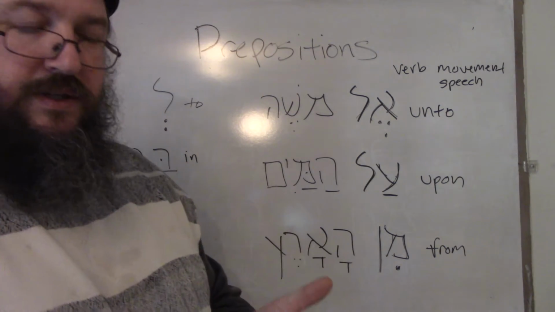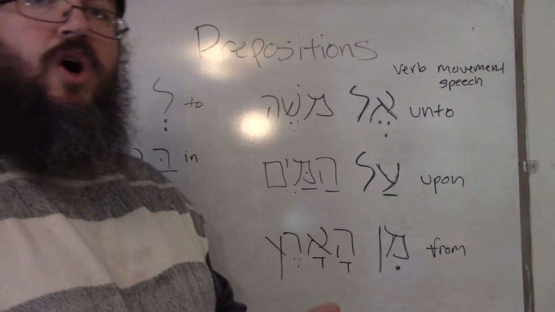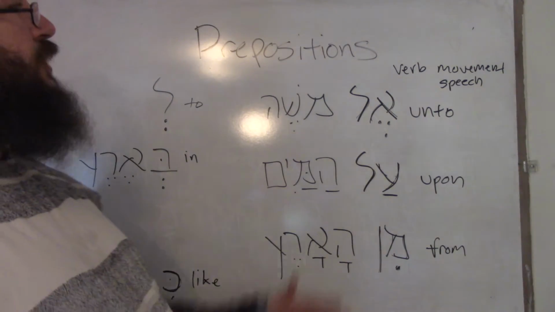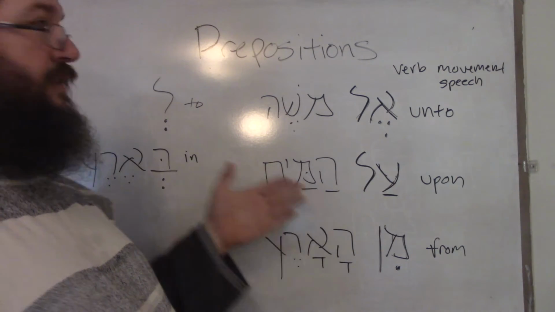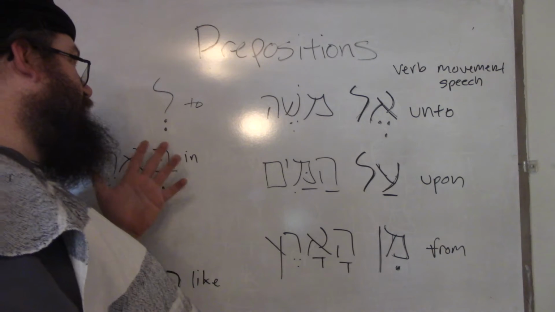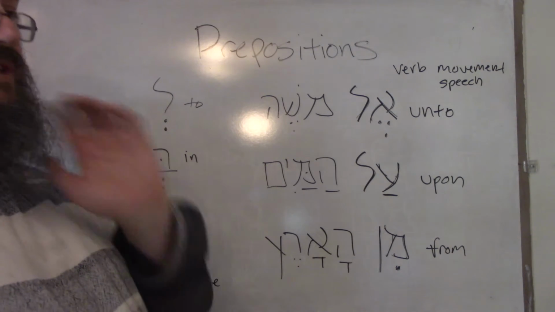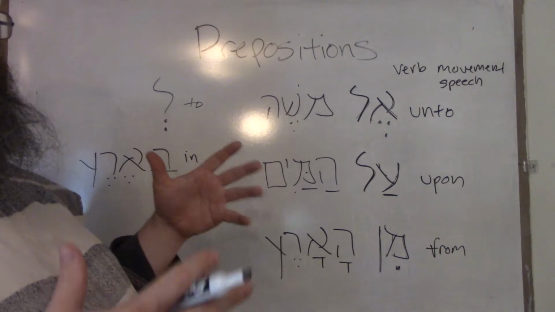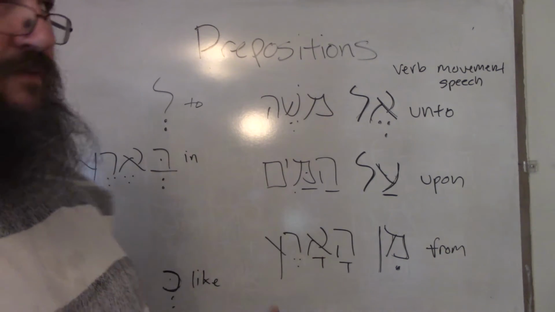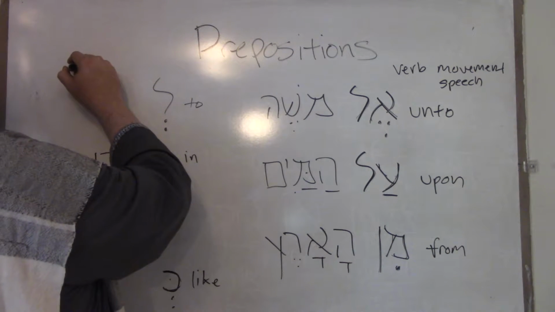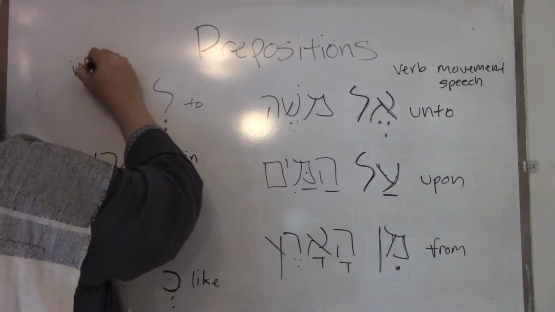Turned, went, left, walked, traveled, those are verbs of movement. Those verbs are always going to use el. After that, we have la. So la, in this case, if we were going to say, he did it to hurt, we use the infinitive form. La is used with infinitive verbs.